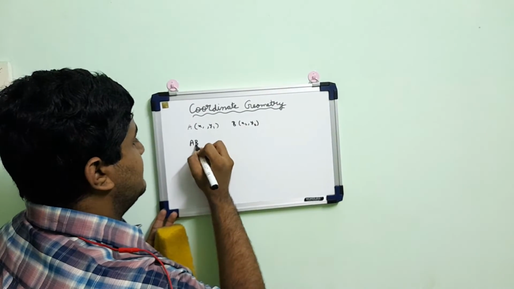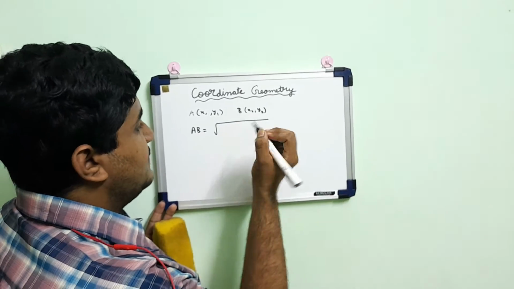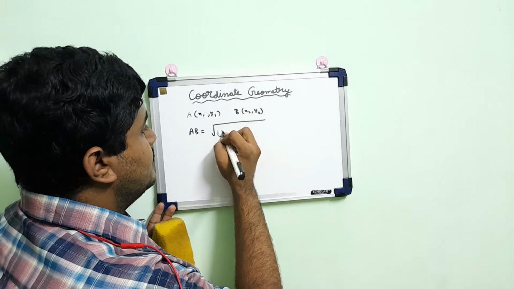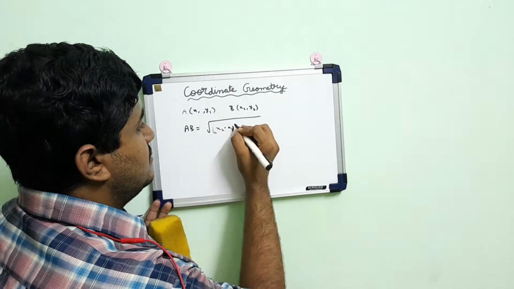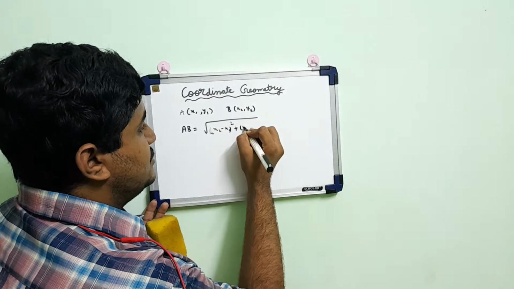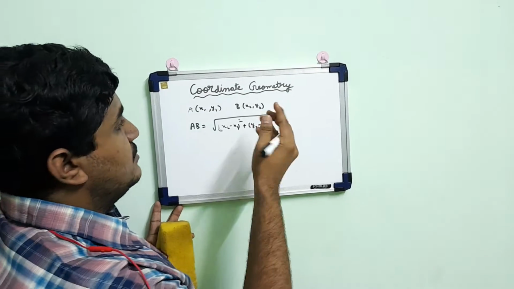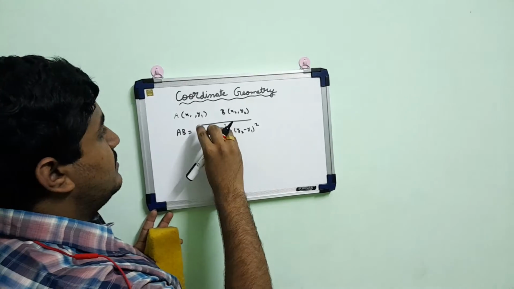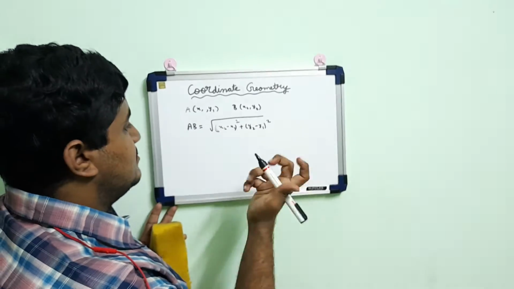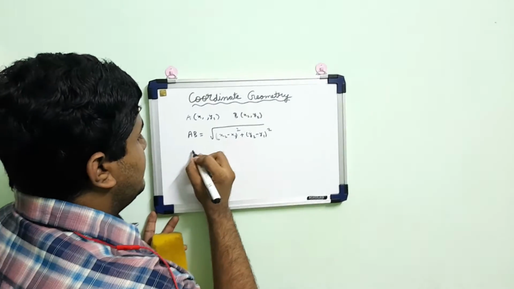Now the distance AB is given as the square root of (x2 minus x1) the whole square plus (y2 minus y1) the whole square. This is how we find the distance between the two given points. The coordinates are used to find the distance between them.